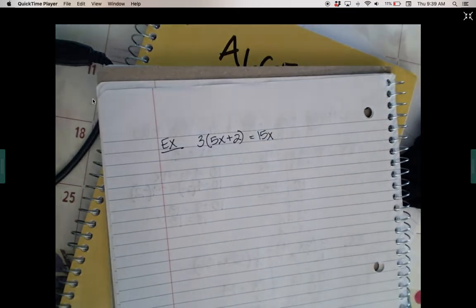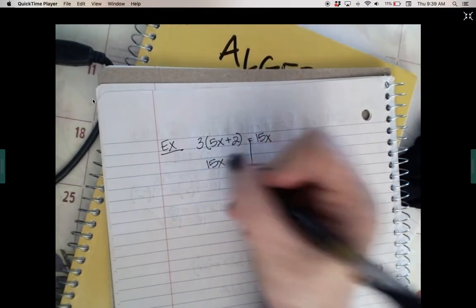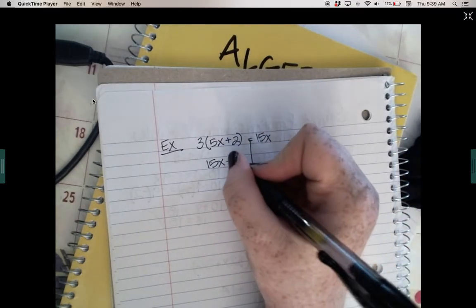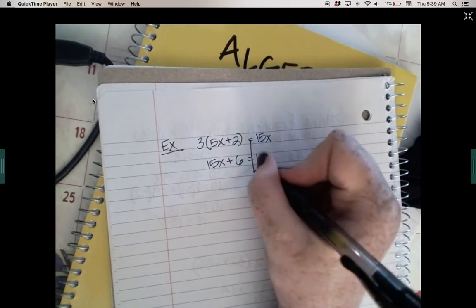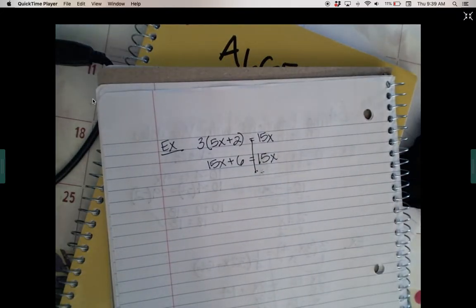3 times the quantity 5x plus 2 equals 15x. Okay, distributive property first. So what's 3 times 5x? 3 times 2. 6. So I have 15x plus 6 equals 15x.